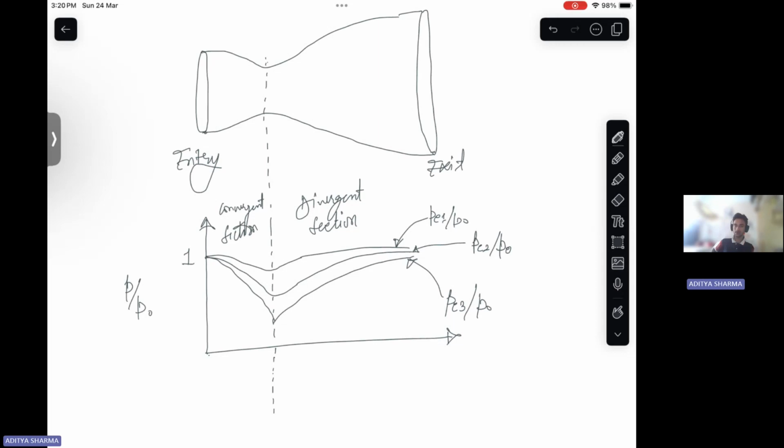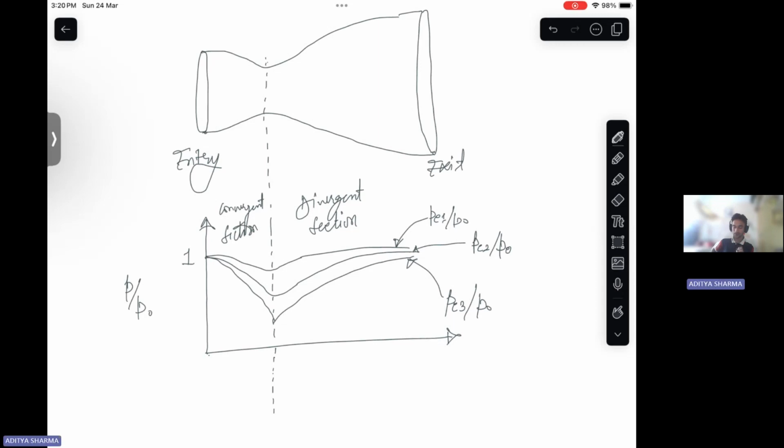The value of the exit pressure matters a lot in this case; how the flow behaves in a nozzle depends a lot on the exit pressure of the nozzle, right?